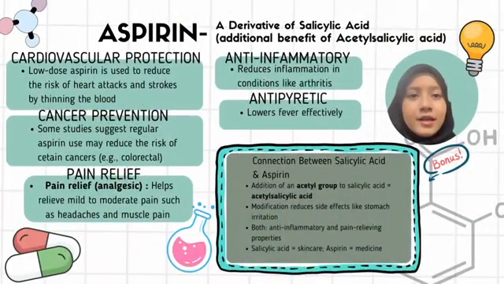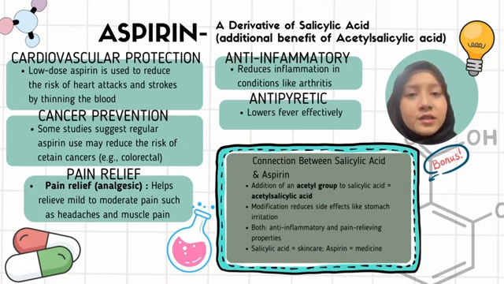Now, let's look at the benefits of aspirin. First, it is widely used as a pain reliever for headache, muscle pain, and inflammation. Second, aspirin has anti-inflammatory and fever-reducing effects, making it useful for conditions like arthritis or viral infection. One of its most important uses today is in heart health.